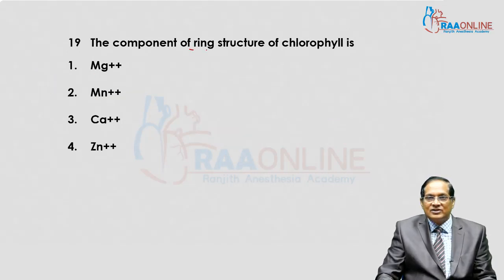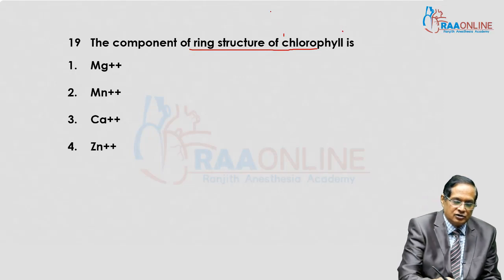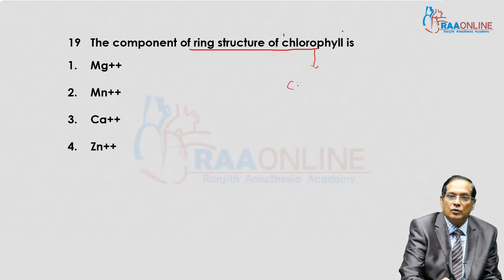Component of a ring structure of chlorophyll. Chlorophyll is a green colored, microcrystalline, water insoluble pigment. This pigment is found in the chloroplast in eukaryotic cells.